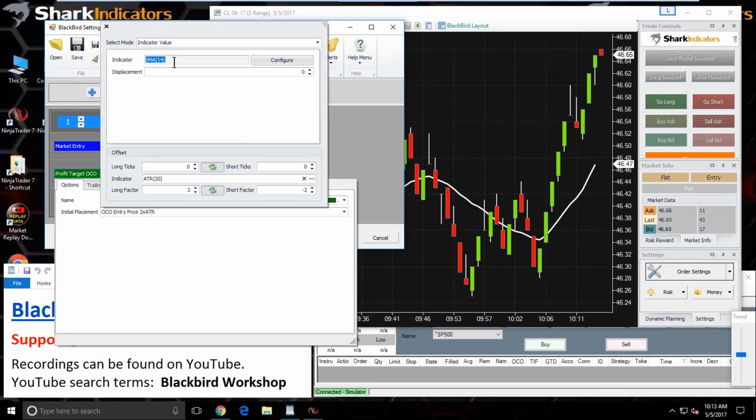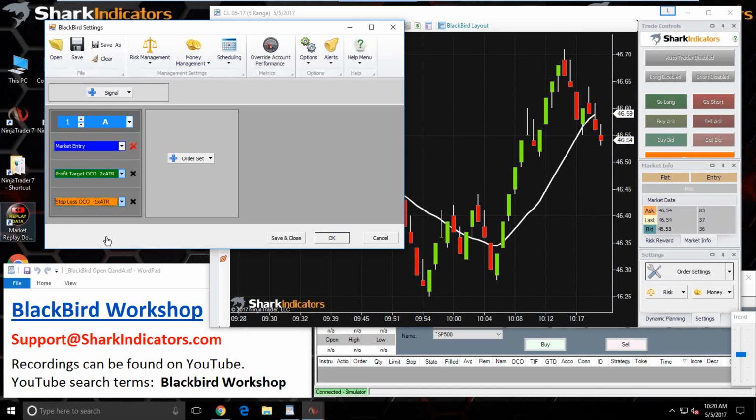So if you're using an indicator to set the actual price of your profit target and your stop loss, then that indicator would need to have built into its settings the ability to add a 2x, 3x, or 4x multiplier.